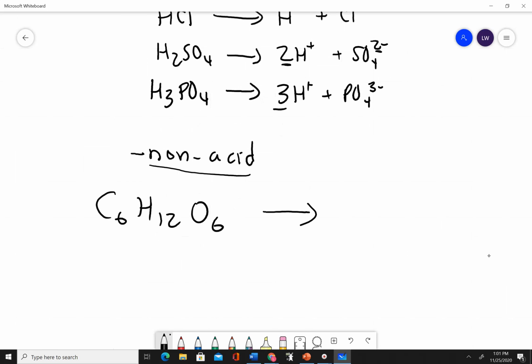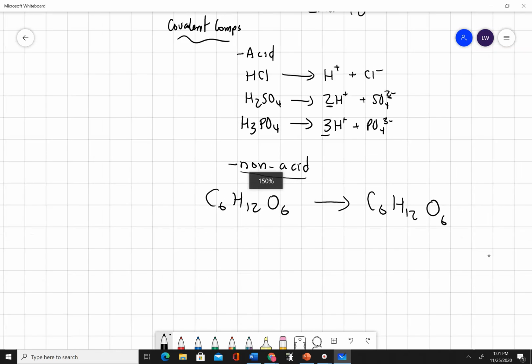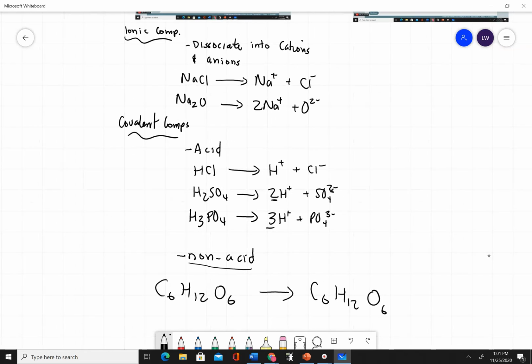When that's dissolved in water, we just end up with intact molecules. It doesn't dissociate at all. The molecules get dispersed and water fills in the spaces between the molecules, but the molecules themselves don't dissociate in any way. So that's what we've got going on when these substances are dissolved in water.